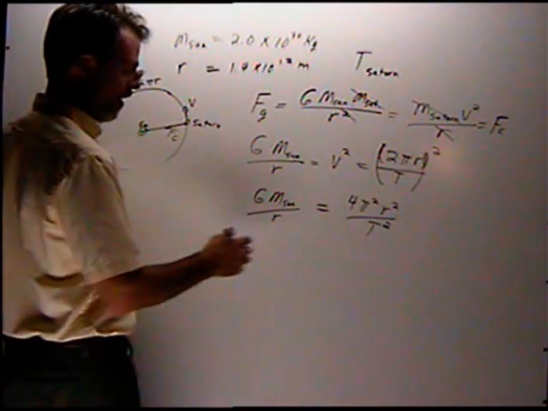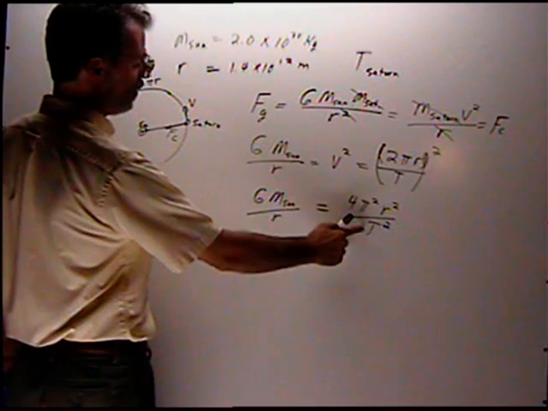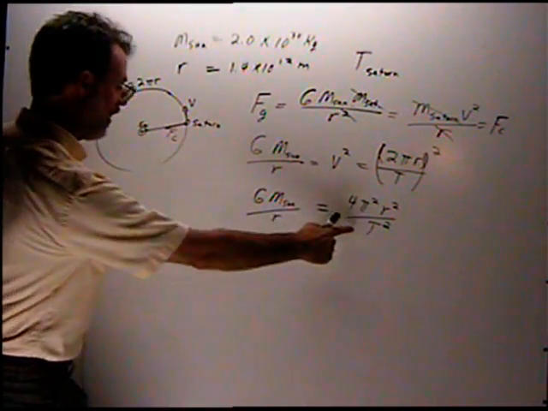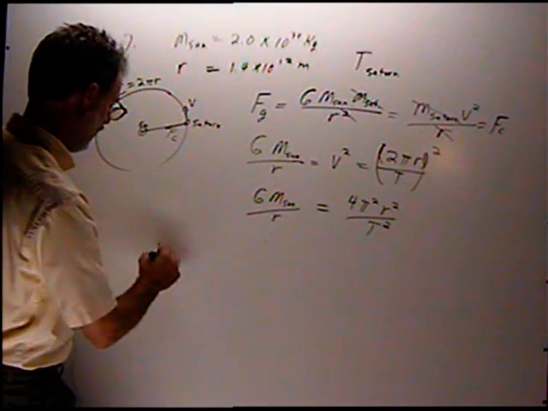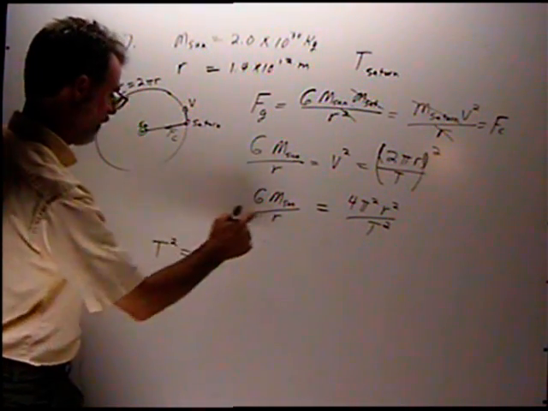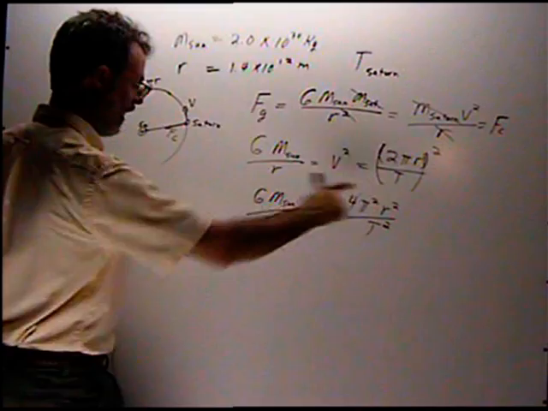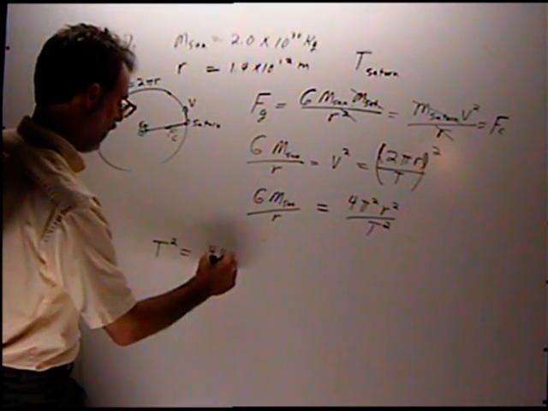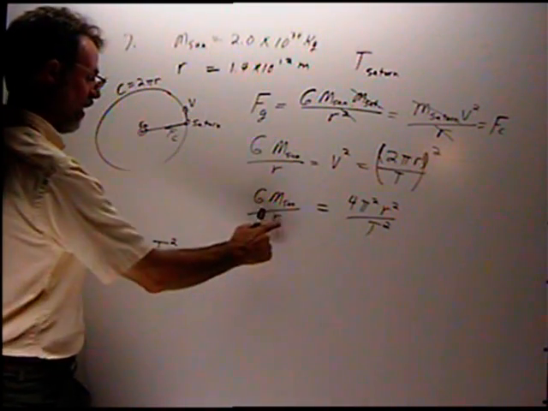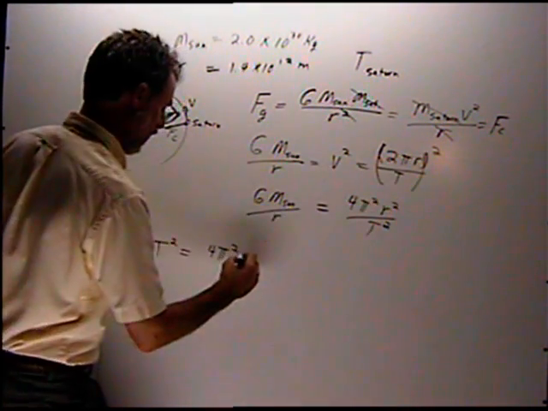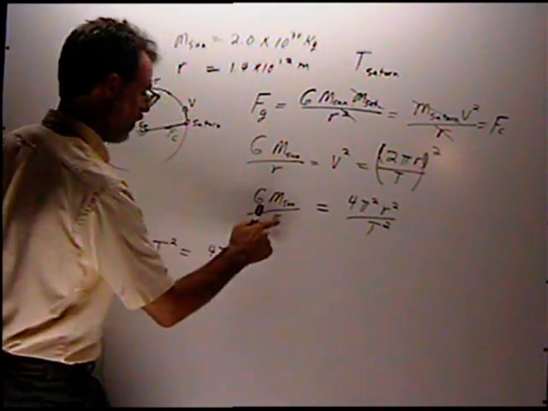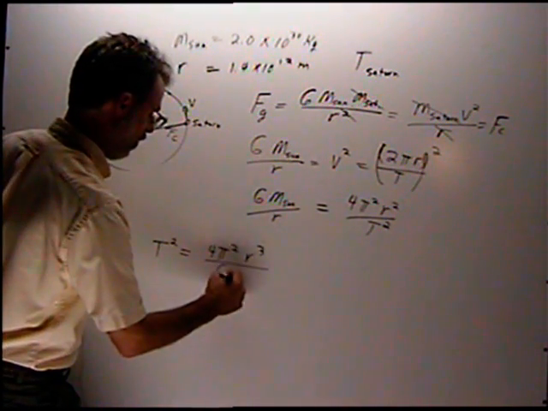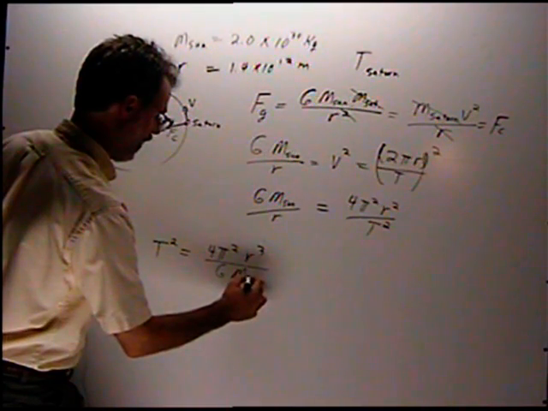In this case, we want to solve for the period T. So let's put T on the left-hand side. T squared equals 4 pi squared multiplied by r squared, and multiplied by r becomes r cubed, divided by big G times the mass of the Sun.